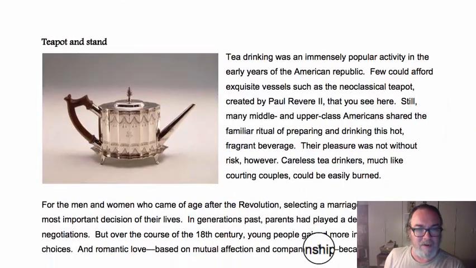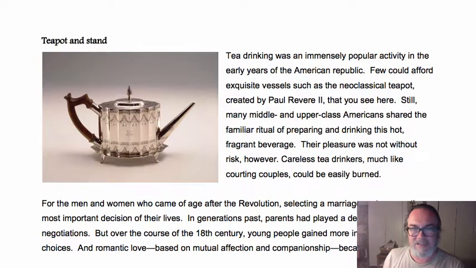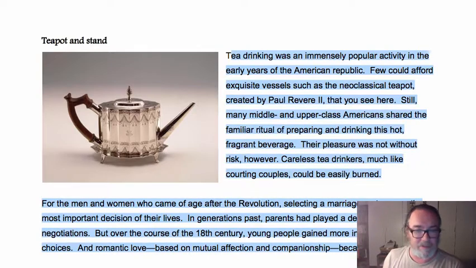Okay. Now, sometimes it's kind of cool to look at what we call material culture. Instead of a formal painting, we look at something like, in this case, a teapot, or a piece of furniture, or a piece of clothing from the period, and talk about how this might connect. So here again, we have the primary artifact, which is the teapot, and then we have the secondary analysis that interprets the teapot.